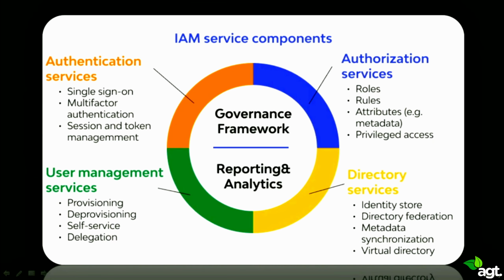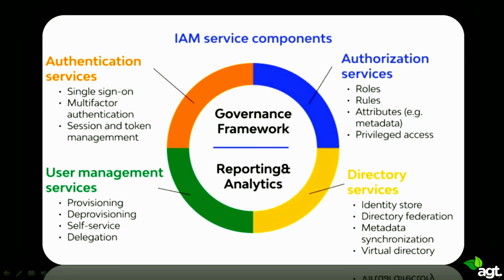So the IAM service components have been merged with the process, because authentication services are based on single sign-on, multi-factor authentication, and session and token management, and authorization services will be based on roles, rules, and attributes, for example metadata and privileged access. The user management services are connected with provisioning, deprovisioning, self-service, and delegation.